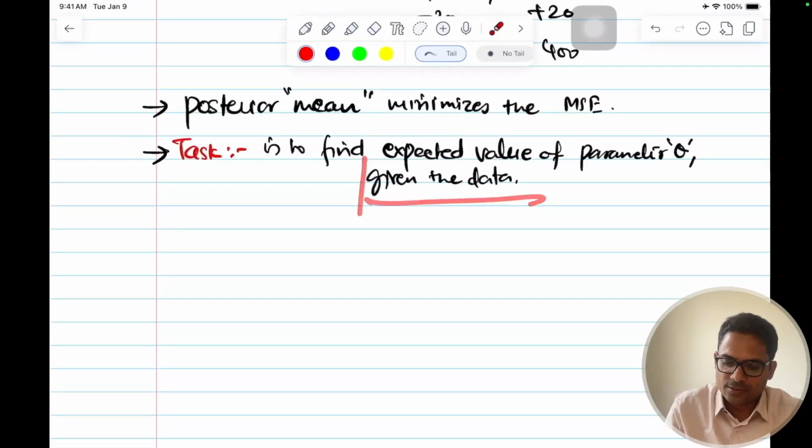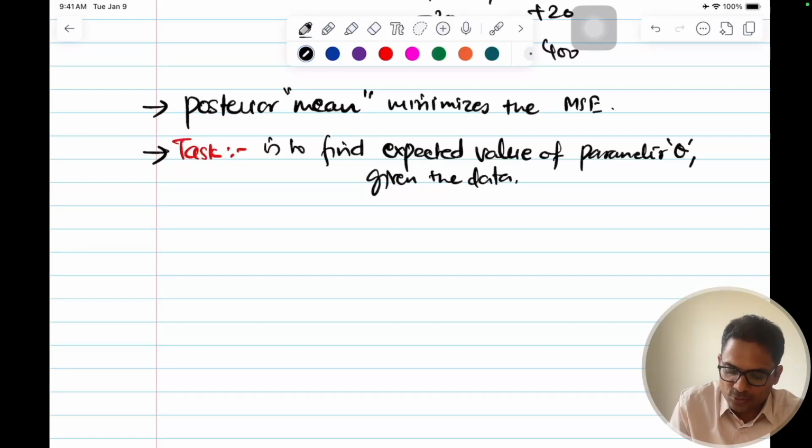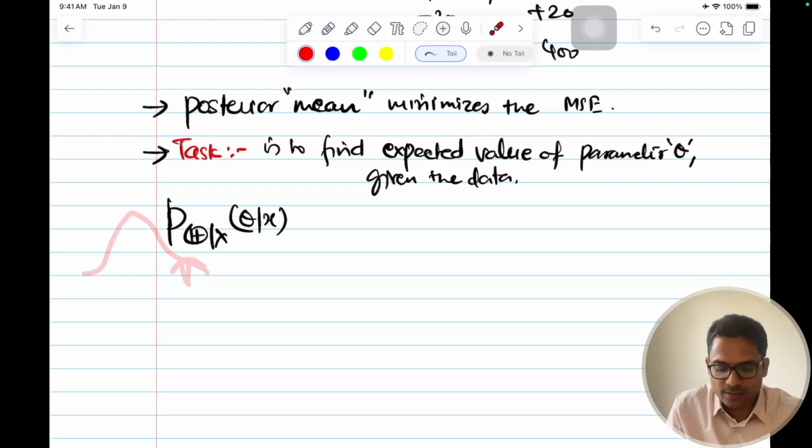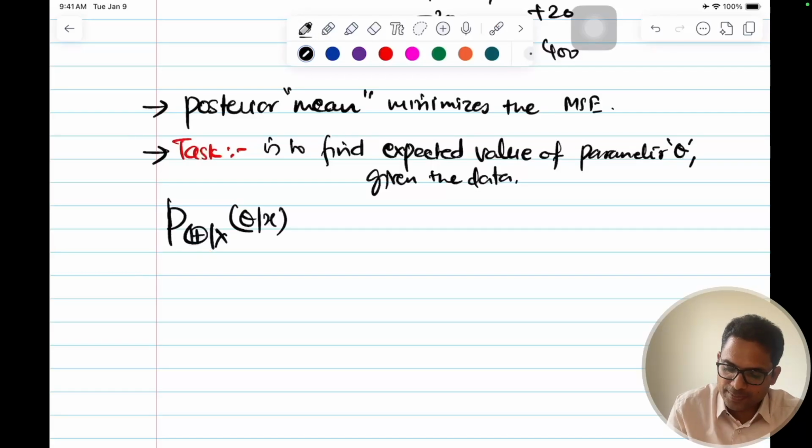This is given. So what is that? That is our posterior, right? That is p(theta given x). This is what we want to find. So I have to find the mean of this. We are getting a distribution here, and we want to find the mean of that distribution. So how do we write the expected value?